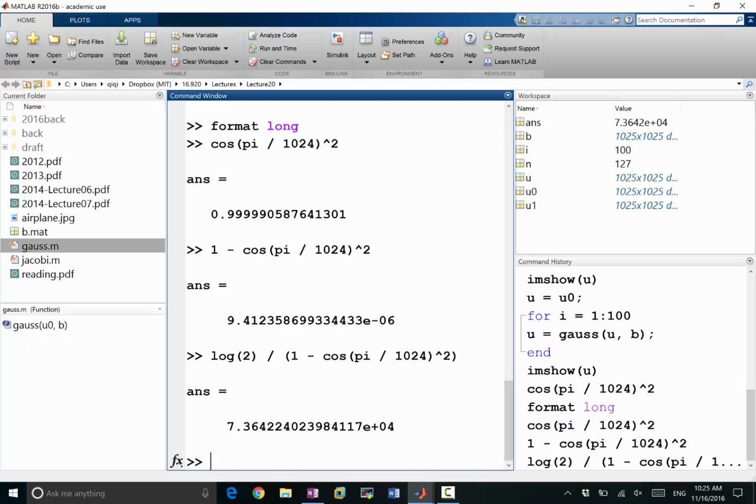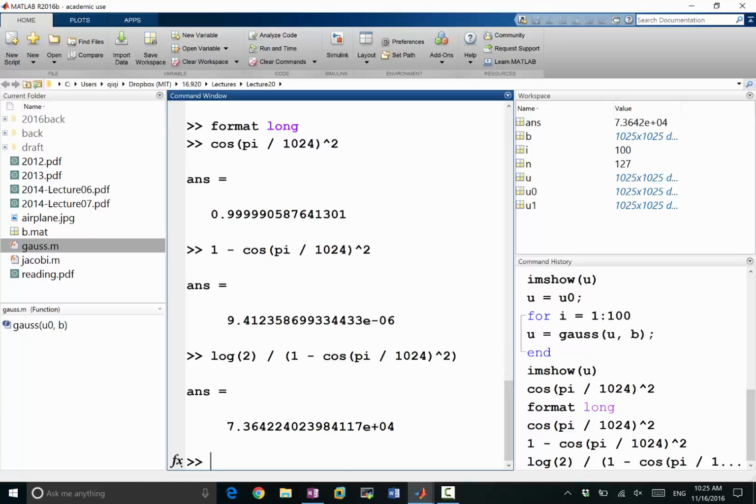Generally, if you remember the cosine curve at x equal to 0, it is like a parabola, right? So if you take a Taylor series approximation, the more n you have, the number of iterations required would go like n squared.